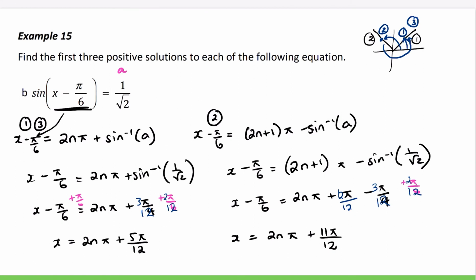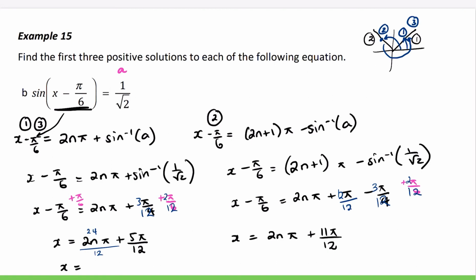Now we can put this all on one denominator as well, if that will make that any easier. We've got a large number, so it's not necessary for now, but I'll do it just to show you what it looks like. So to put this over the same denominator, the 2nπ, I would need to multiply that. So it's on 12, so this would be 24. So I'll get 24 plus 5. Oh, sorry, so I won't be able to do that.